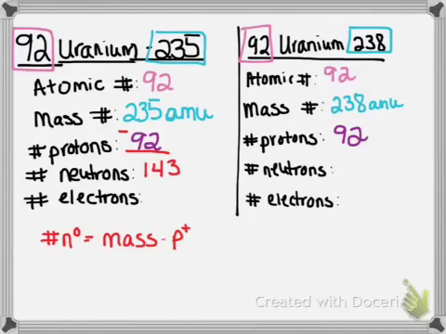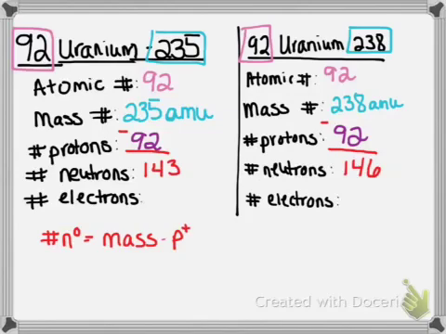Now if we look at the second problem here, our mass number is 238. So if we want to figure out the number of neutrons, we have to do 238 minus 92. And that's going to give us a total number of 146 neutrons.